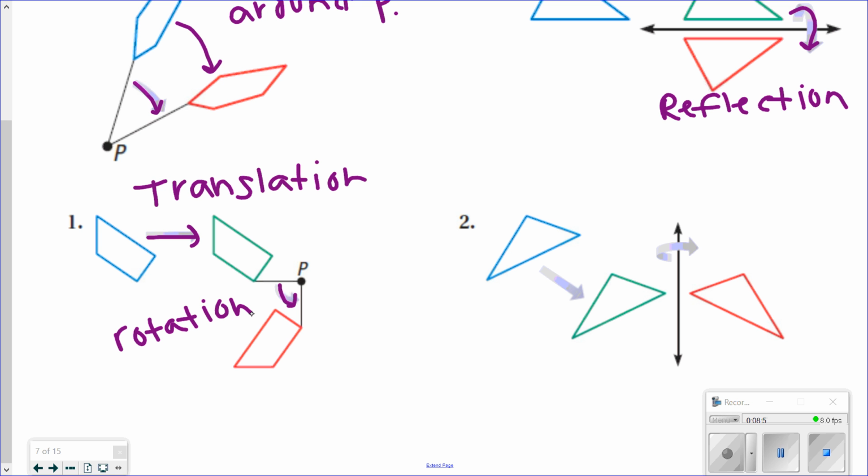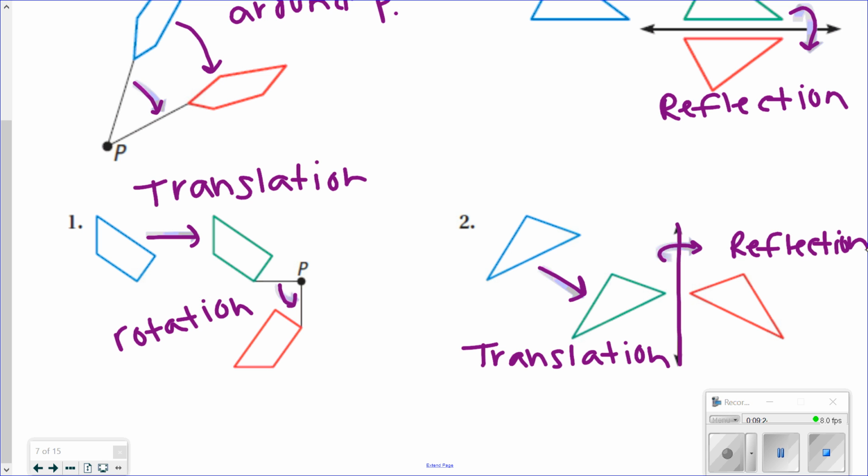And then finally, if we look at this blue figure, we see a slide to become the green figure, so that is a translation. From the green figure to the red figure, we see a flip over this line. So this would be a reflection. And you can see it's a mirror image.